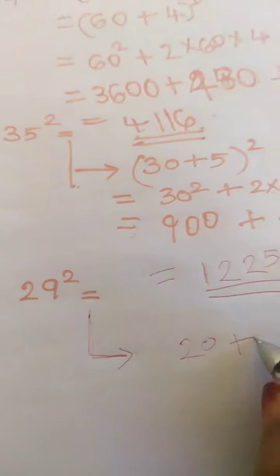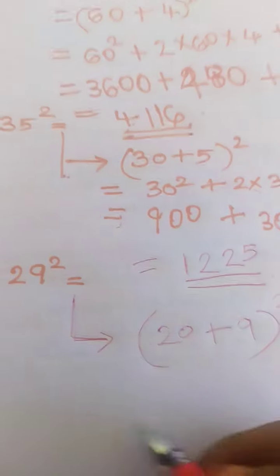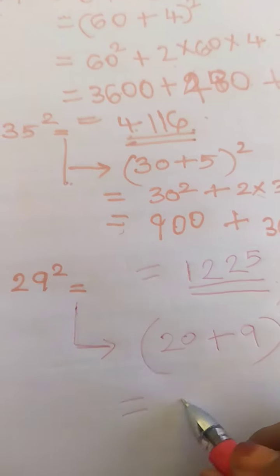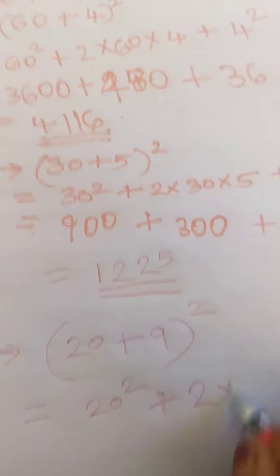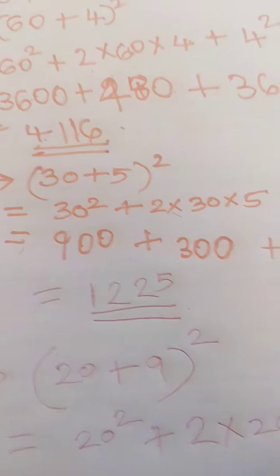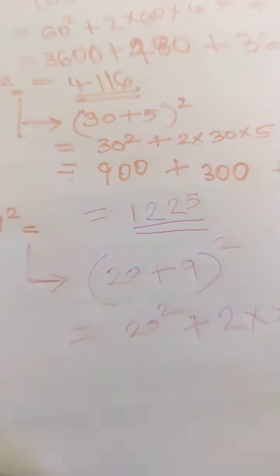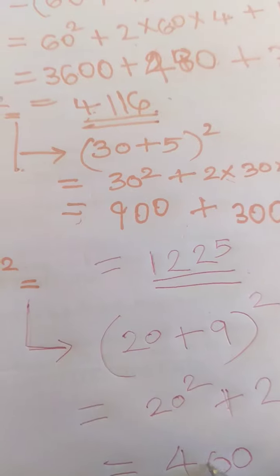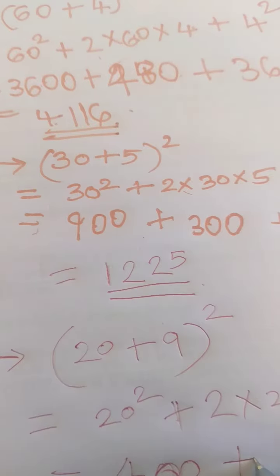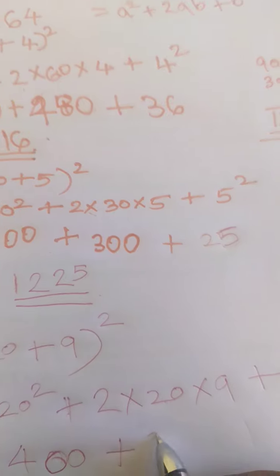We have to write 20 plus 9 all raised to square. Then we write 20 square plus 2 into 20 into 9 plus 9 square. We get 400 square plus 2 into 2 4 into 9 36.